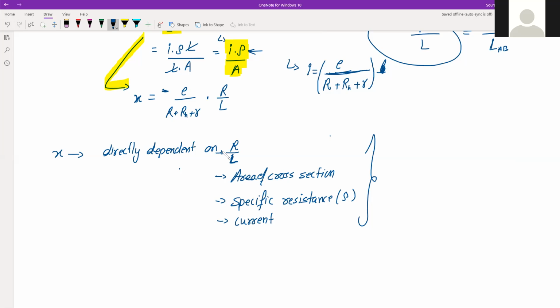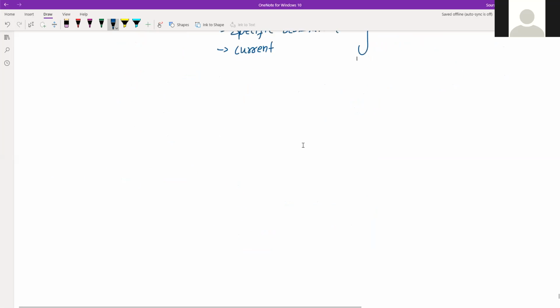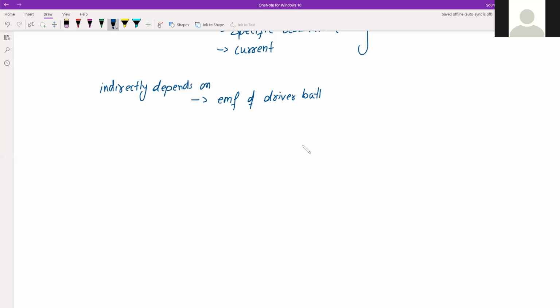And it also depends indirectly, or inversely, on the EMF of the driver battery or cell in the primary circuit, and the resistance of the rheostat, that is simply RH. Those are the factors which also indirectly affect the potential gradient.